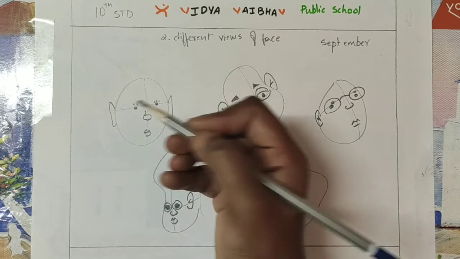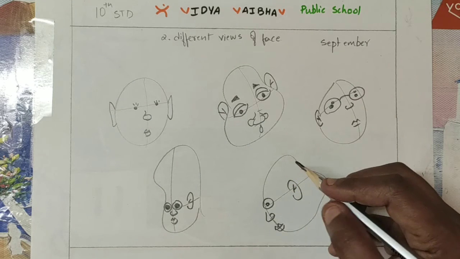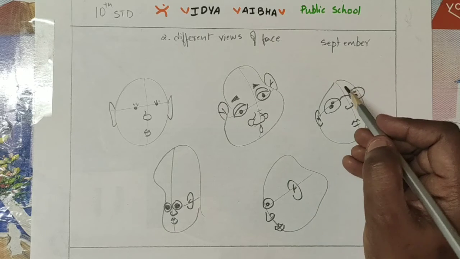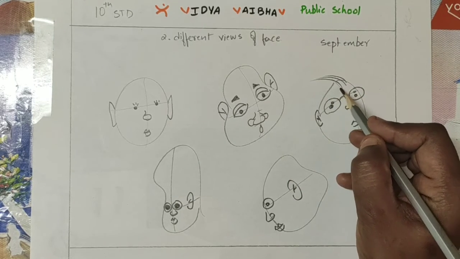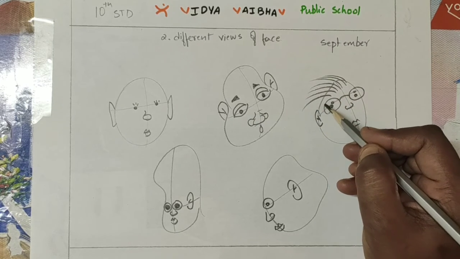So draw the ears, and now you can start working on the hairstyles. We learned different types of hairstyles. It may be male or female. We learned both.